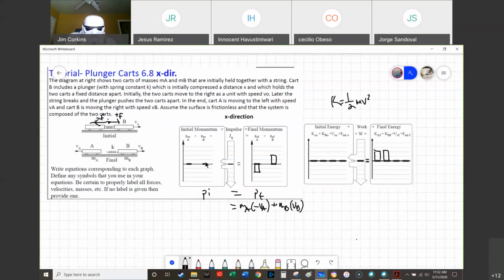All right. It says both objects were moving to the right initially, from what it looks like. So that means they both have a positive momentum initially to the right.